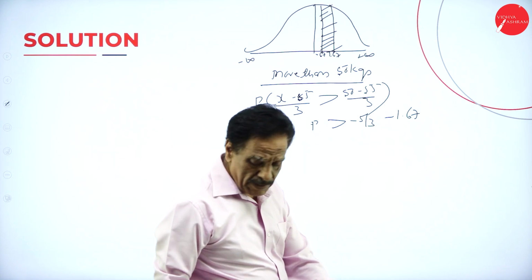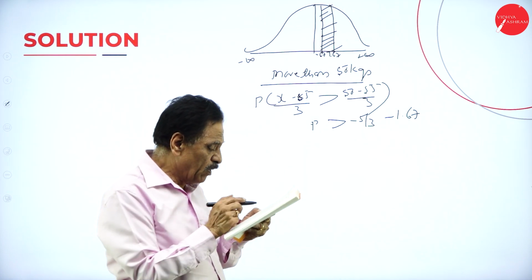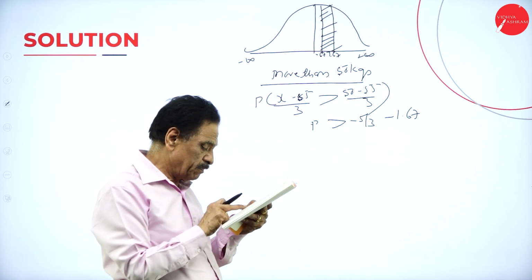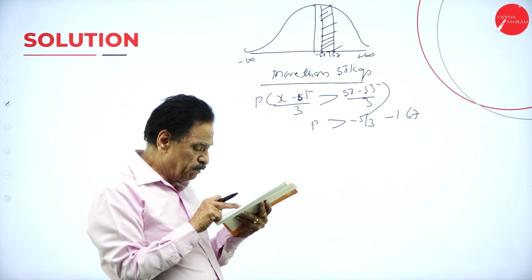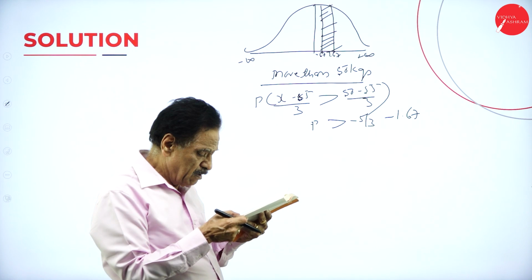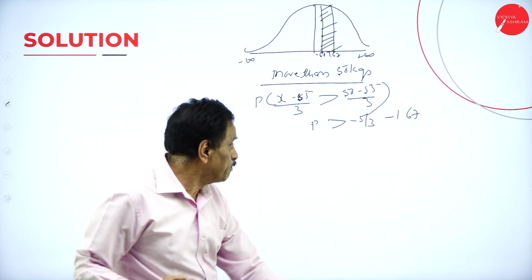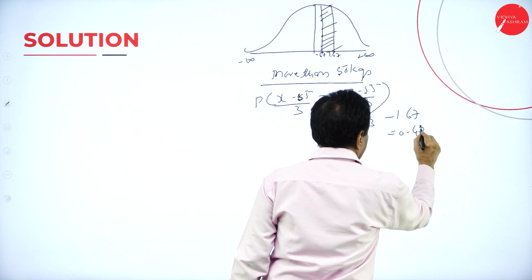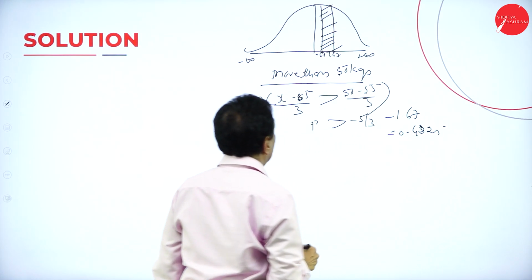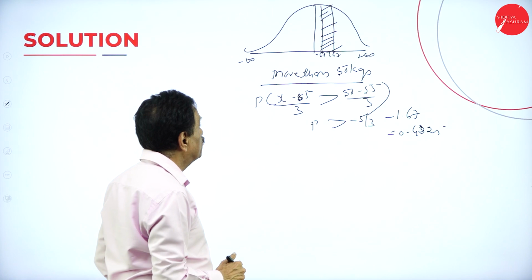So 1.67, you already know, is 0.4325. It is more than.